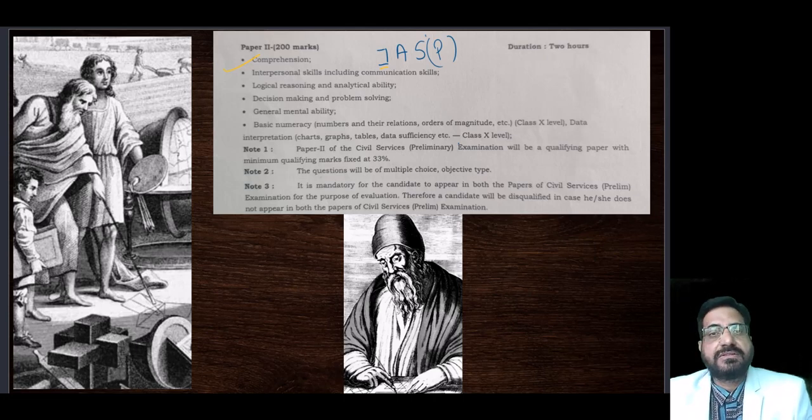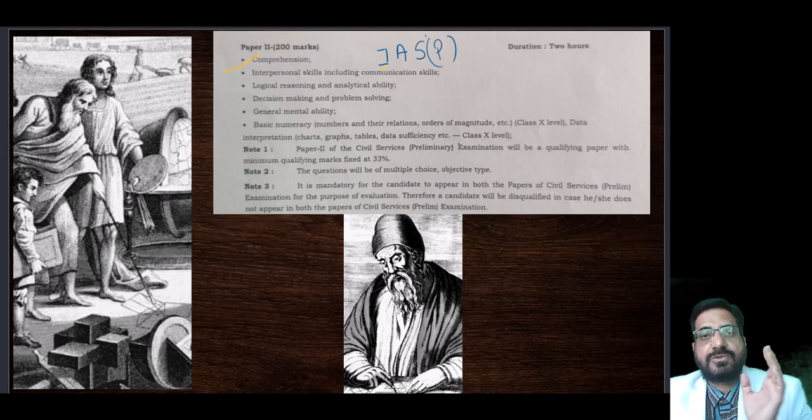So they are all reasoning, logical as well as analytical. Next comes basic numeracy, that is numbers and their relations, orders of magnitude, etc. Then data interpretation, that's all charts, graphs, tables, all those things.